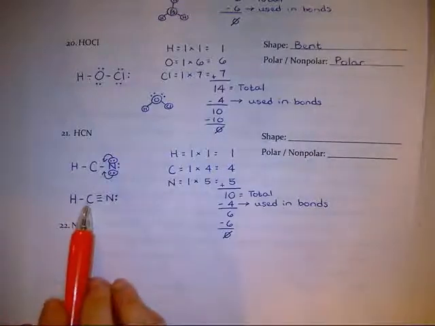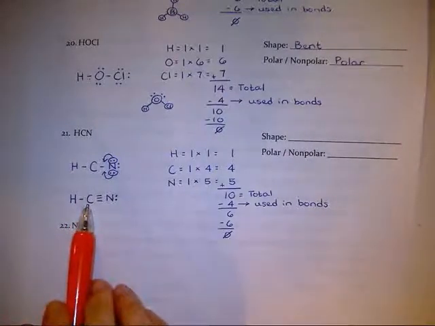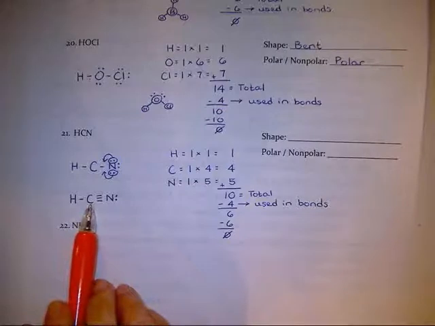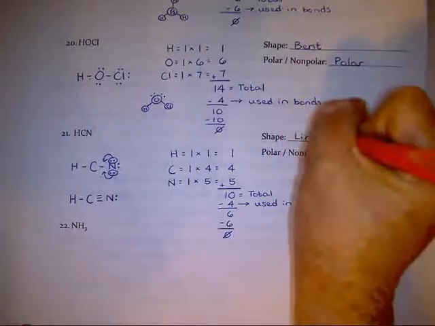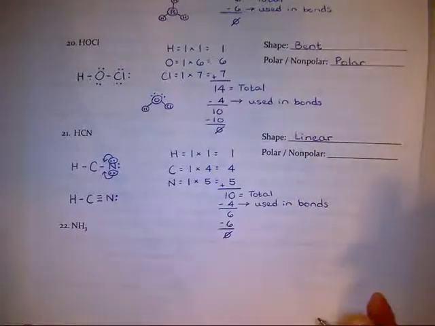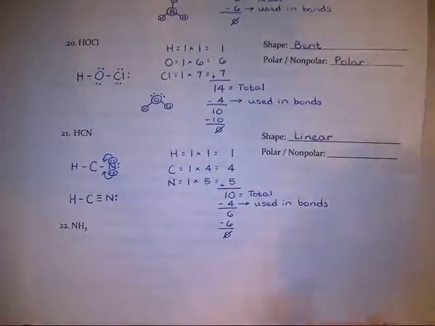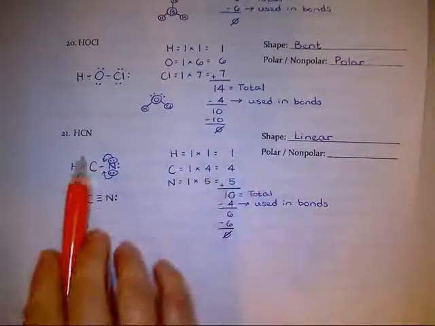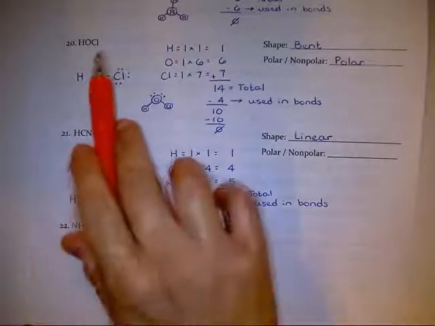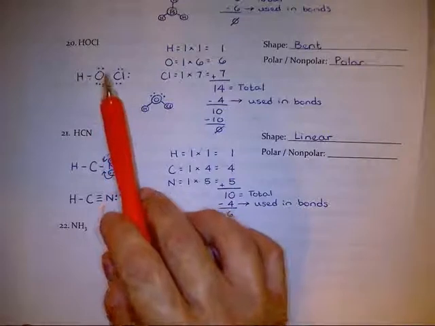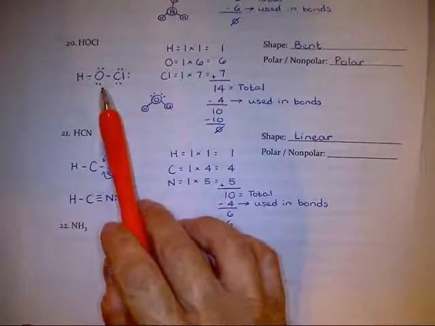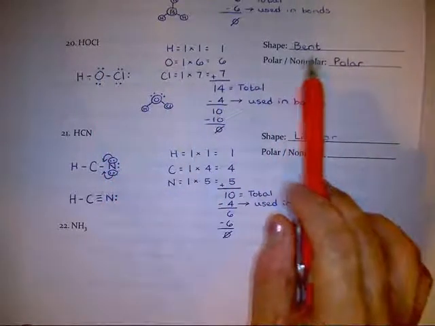Alright, so what does the shape look like now? Notice that the central atom doesn't have any valence electrons or any electron pairs on it, okay? So since it has no electron pair on it, it's going to be a linear molecule. Okay, notice the difference between the HCN and the HOCl is really just that HOCl has these extra electrons, and therefore it's bent.